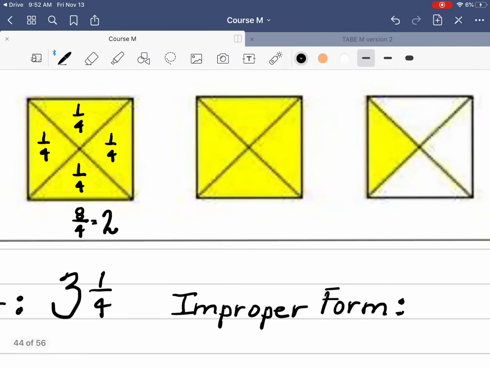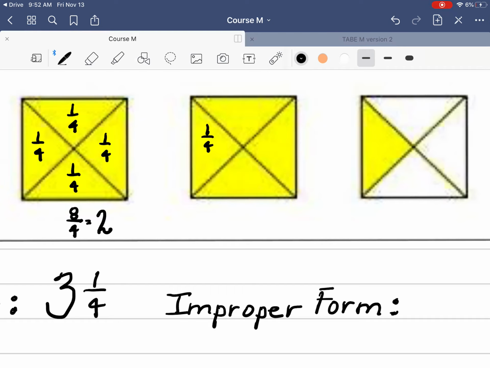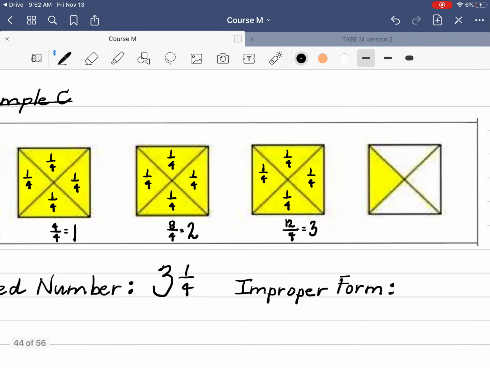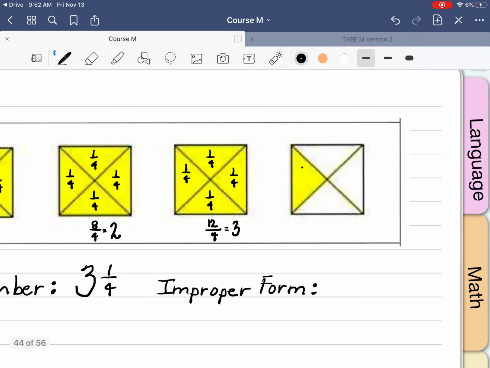Okay, so here comes the third whole. And you may be able to tell me without even counting what that one's going to be. If I want to get 3 wholes, I'm going to have 12 up top. So 12 fourths is equivalent to 3 whole pizzas. And then we only have 1/4 of this last one.